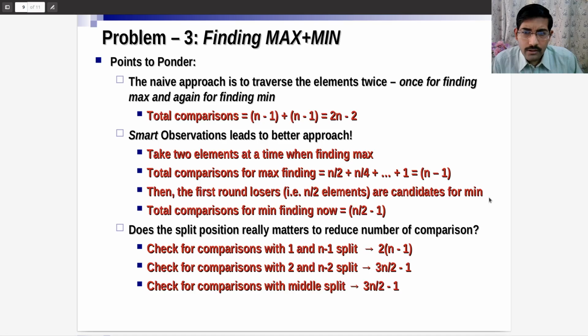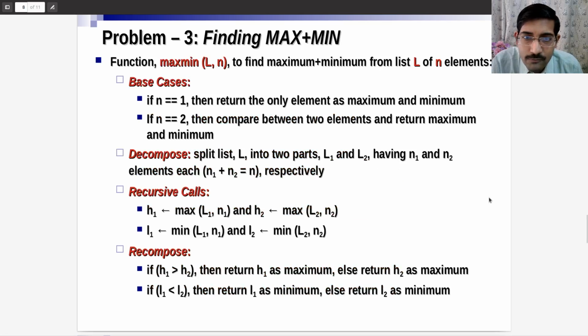Therefore, 1 and n minus 1 split will not do. 2 and n minus 2 split is as good as the middle split because anyway I need to make it half and half. So that is the primary observation, and that is why I would tell you that before you jump into implementing something using recursion, try with pen and paper how these 4 steps come in.